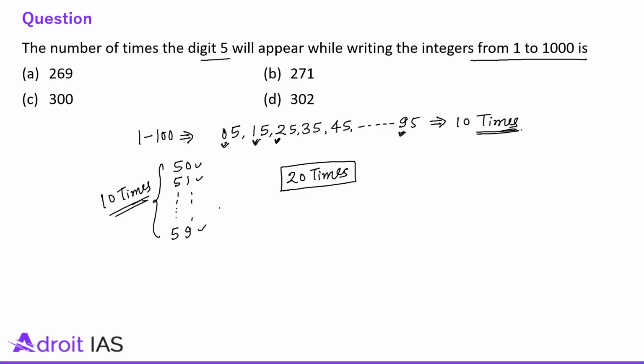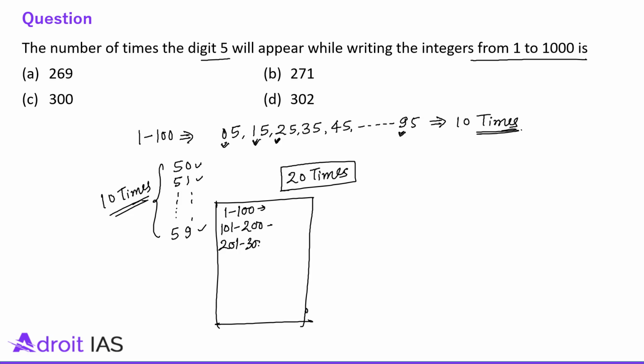Okay, so how many slots do we have? We have 1 to 100, 101 to 200, 201 to 300, right? So how many slots do we have till 901 to 1000?